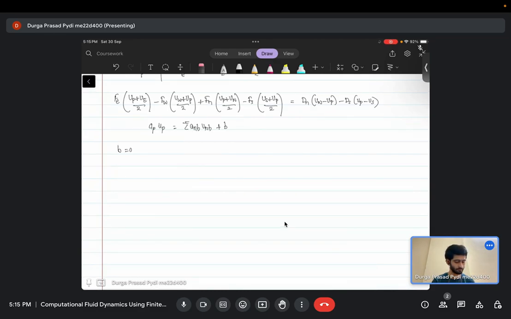And if we see the coefficients, for a east we have nothing from the diffusion, but we have a minus Fe by 2.